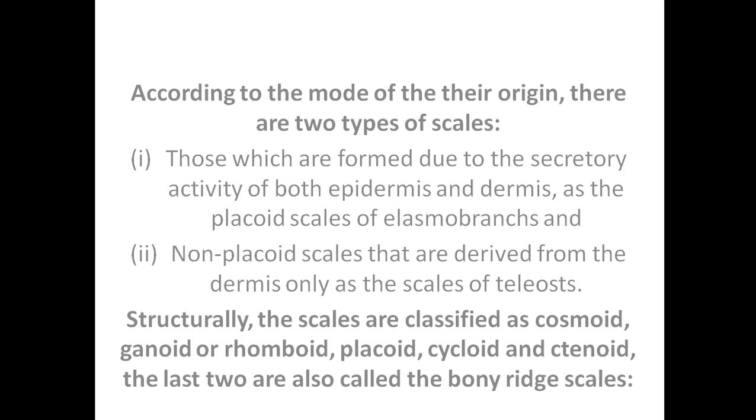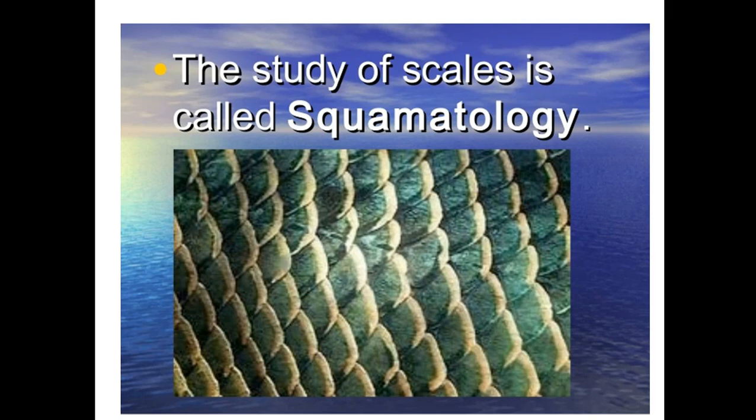Based on the structure, scales are classified as cosmoid, ganoid, rhomboid, placoid, cycloid, ctenoid. Different names are given.